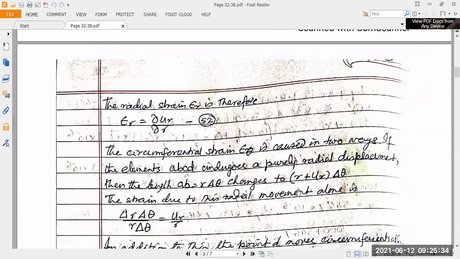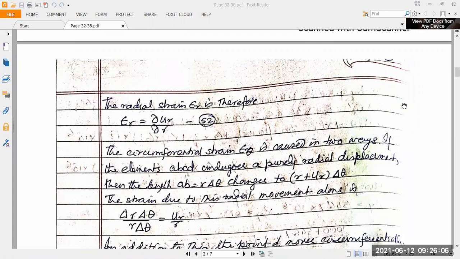Next, we have to go to the circumferential strain. What will be the circumferential strain? Epsilon theta is caused in two ways for the element ABCD. If the element ABCD undergoes purely radial displacement, there is no other angular change.